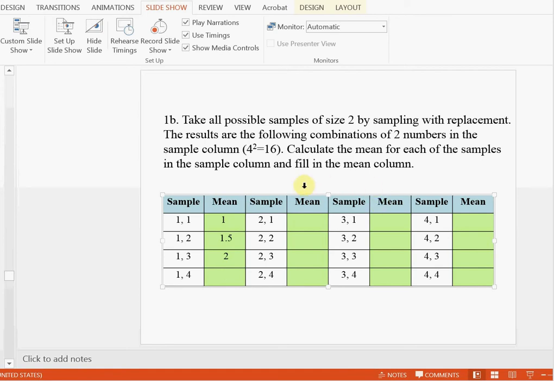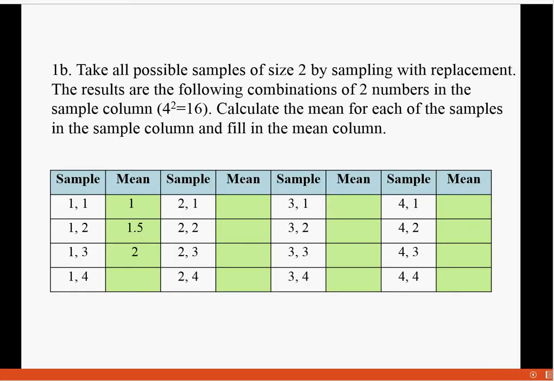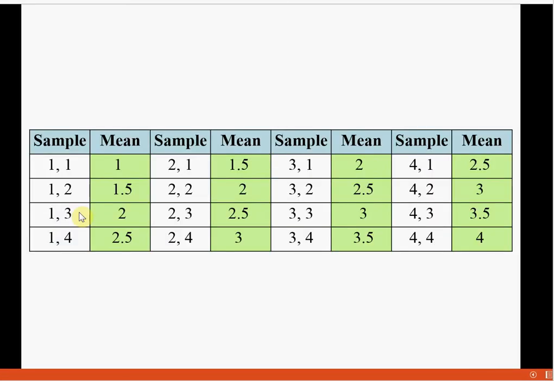I did this myself, and now I have all the samples and sample means in this table. So now I have calculated all sample means of size 2. You can try to do this at home yourself. I just show you how to do it.